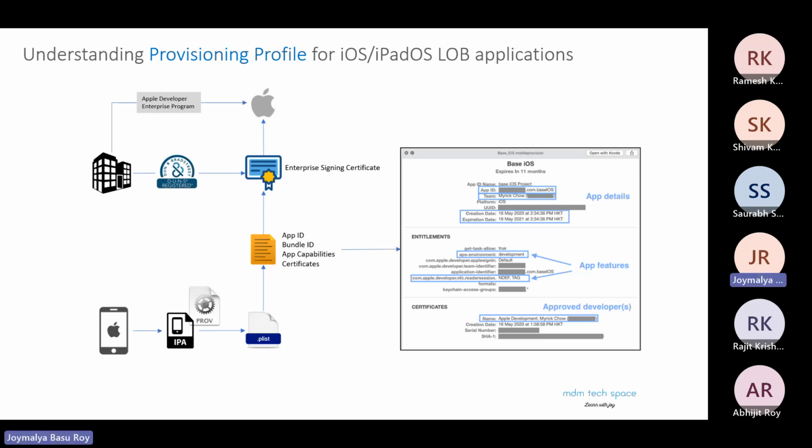To accomplish this, they have set up a chain of authority, like a custody, which establishes whether an application can run on the device or not. So this is how the provisioning profile comes into the picture. And if you want to distribute LOB applications to your iOS devices, you will first need to have an Apple developer ID created.